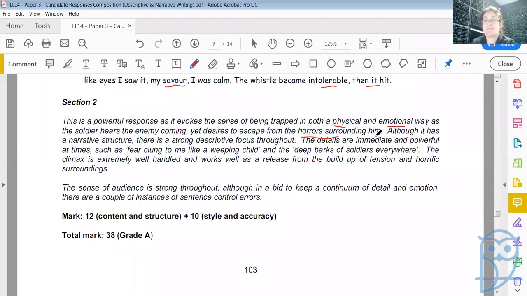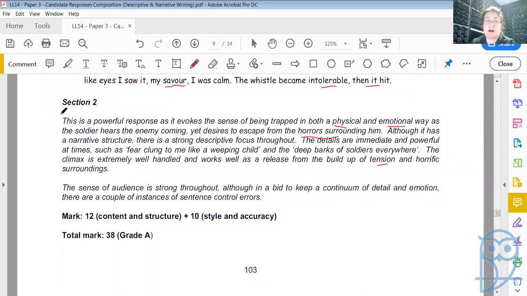The details are immediate and powerful at times, such as "fear clung to me like a weeping child," and the deep barks of soldiers everywhere. The climax is extremely well handled and works well as a release from the buildup of tension and horrific surroundings.